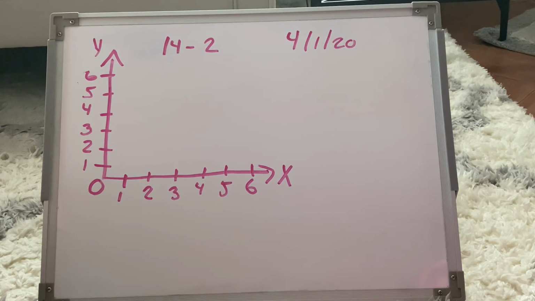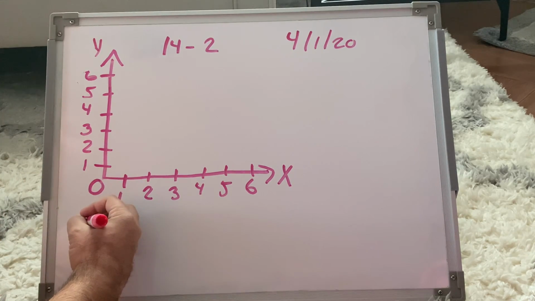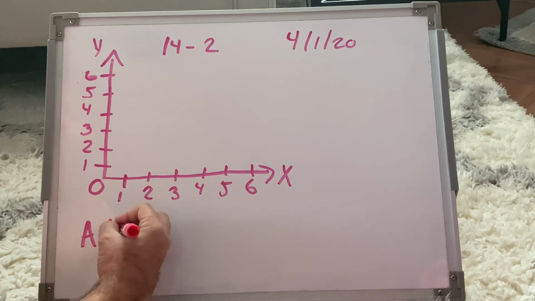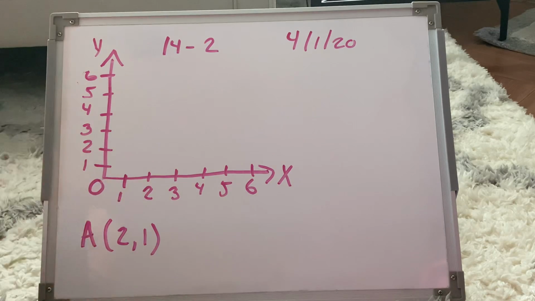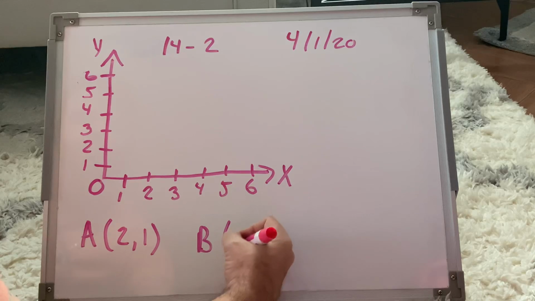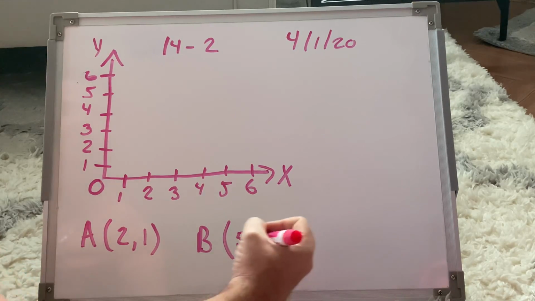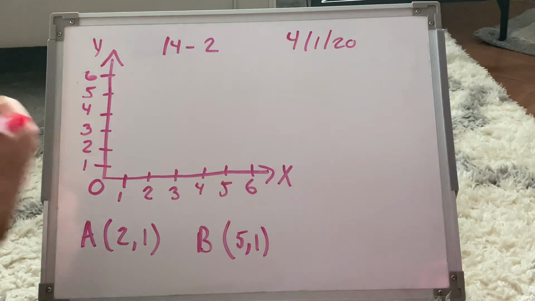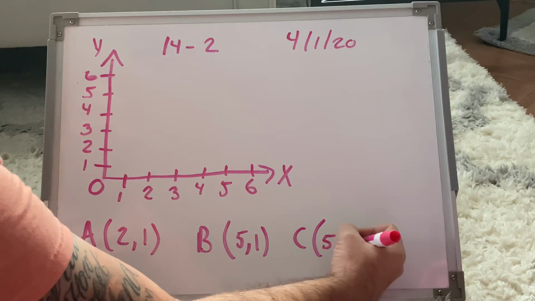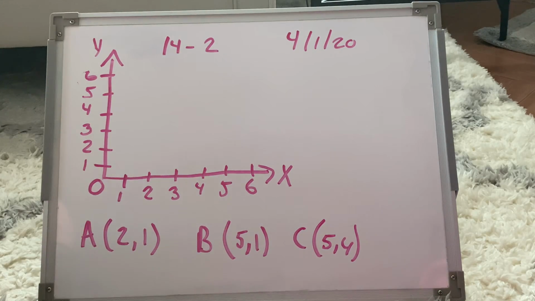Okay, so let's graph these ordered pairs. We'll call A 2, 1, B 5, 1, C 5, 4, and if I start writing a little crooked, it's because I'm reaching.